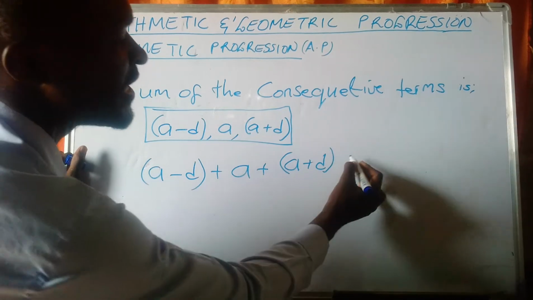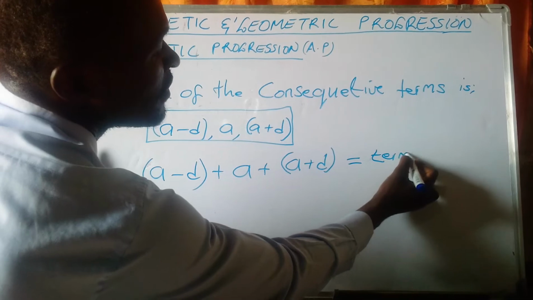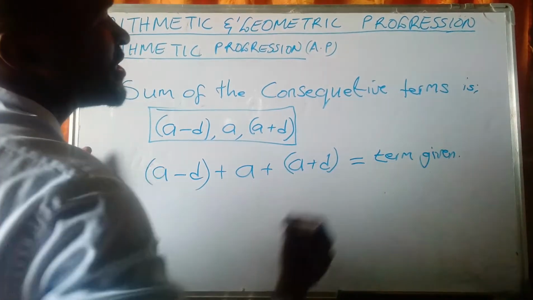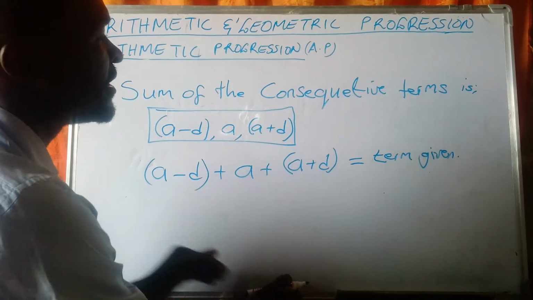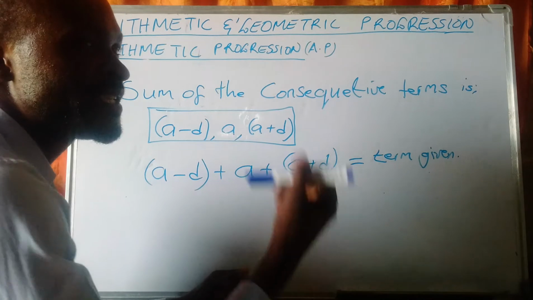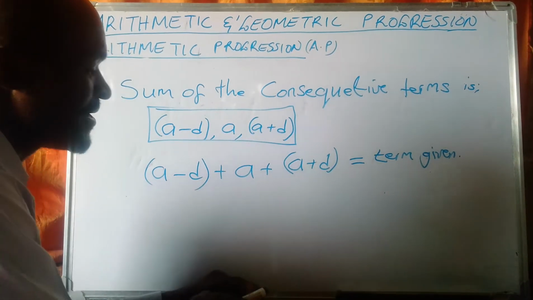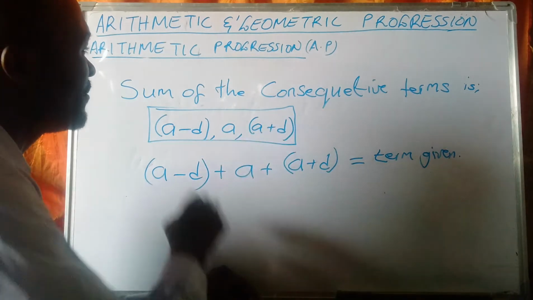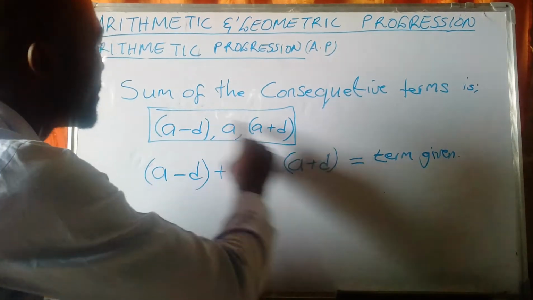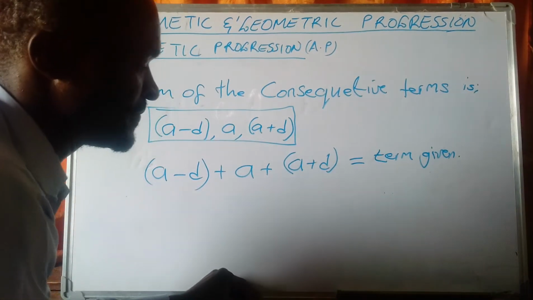So if you are given a term, then you are going to add the terms given here. This is the way to write the sum of the consecutive terms. So there is a sum and there is a product. This is the general formula for the sum, because sum is addition, or plus.